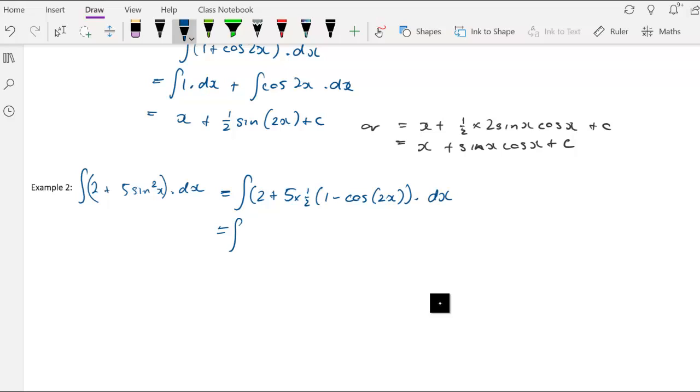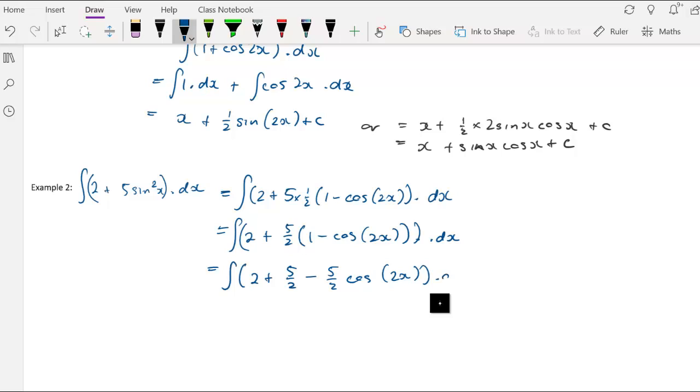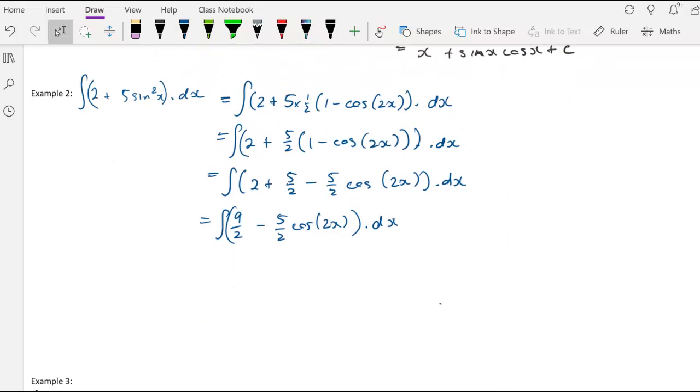So if we expand this out and simplify, we've got 2 plus 5 on 2, lots of 1 take cos 2x, and so that means that we've got 2 plus 5 on 2 take 5 on 2 cos 2x dx. And 2 is the same as 4 on 2, so now we've got the integral of 9 on 2, subtract 5 on 2 cos 2x dx. So working with that to manipulate first makes this a much easier problem.